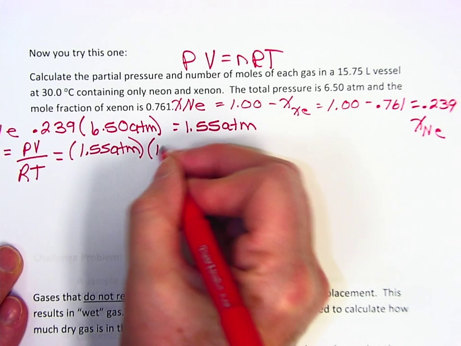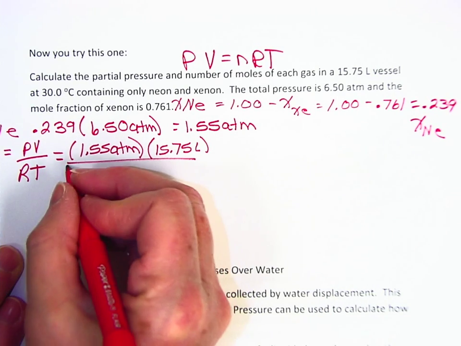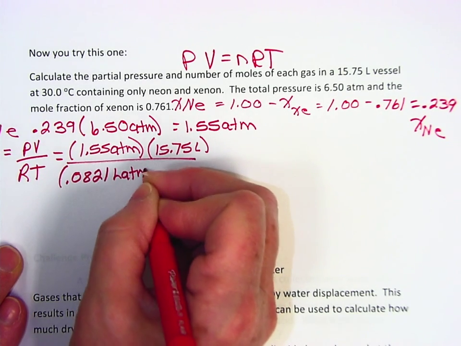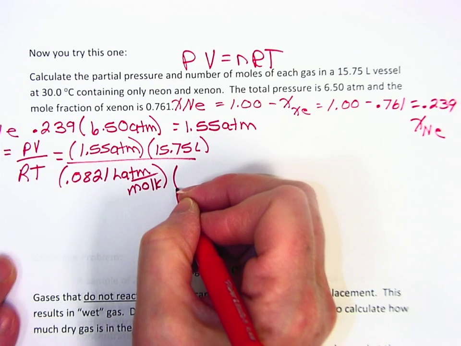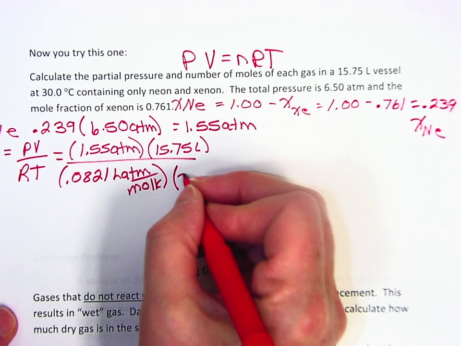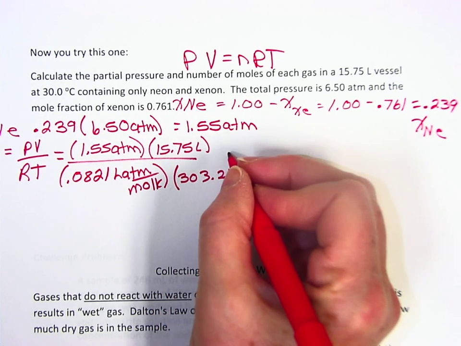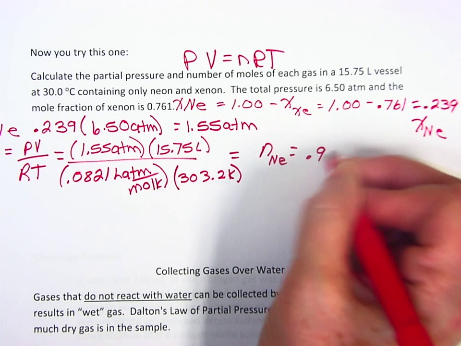My volume, 15.75 liters. A gas constant, 0.0821 liter atmosphere per mole Kelvin, times the Kelvin temperature. My 30 degrees Celsius is 303.2 Kelvin. So the moles of neon is 0.981.